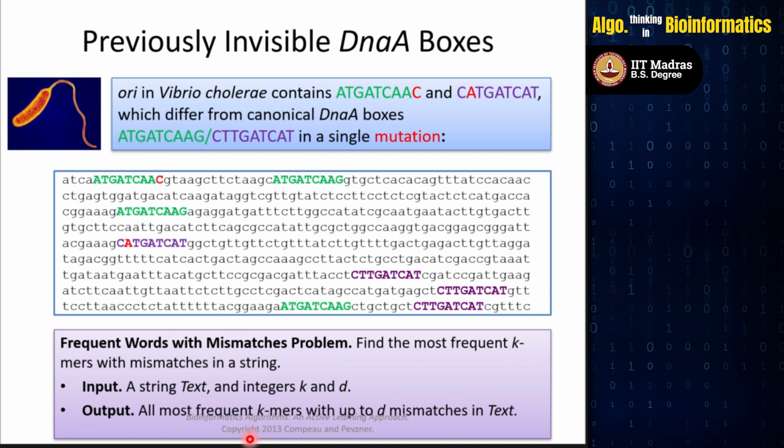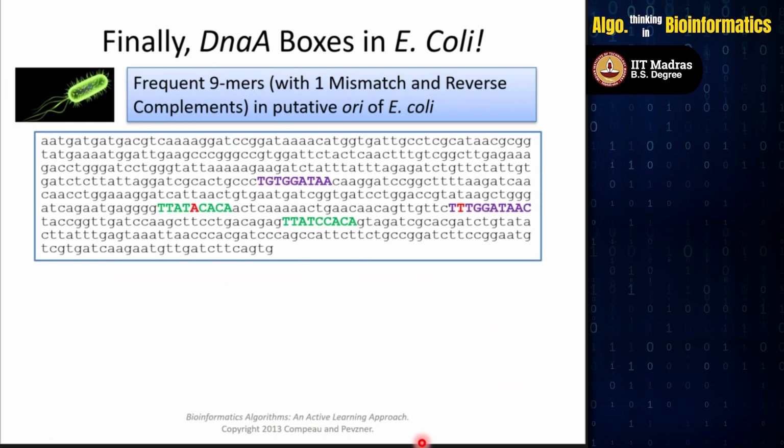You have a k-mer and you are looking for the presence of that k-mer, either exactly or with at most d mismatches, and then you look at the counts. The most frequent k-mer would be one for which there are no other k-mers which occur more frequently, but there can be ties, and there can be more than one distinct k-mer output which occurs most frequently.